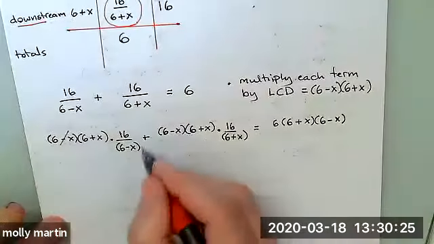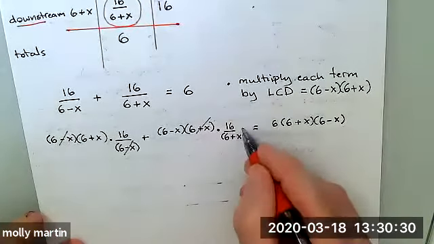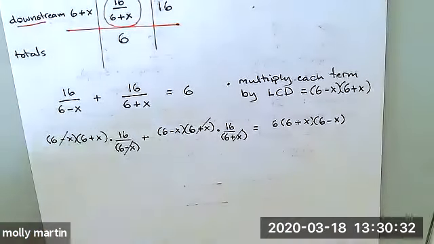Six minus x divided by 6 minus x equals 1. 6 plus x divided by 6 plus x equals 1.